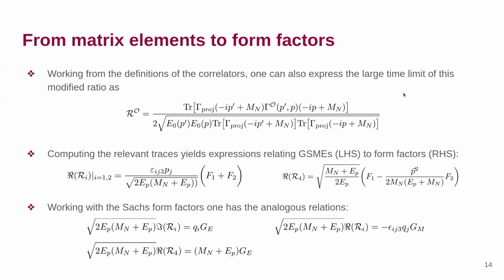So if we think about that ratio of correlation functions, if instead of plugging in the two-state fit forms of the correlators, we actually plug in the full definition of the correlators and reduce those down to traces, you'll end up with expressions like these. And this gamma O here is going to be replaced by the particular operator that you're working with.